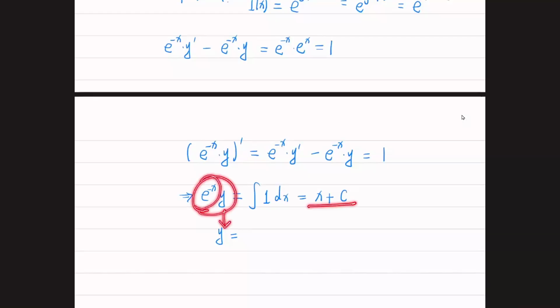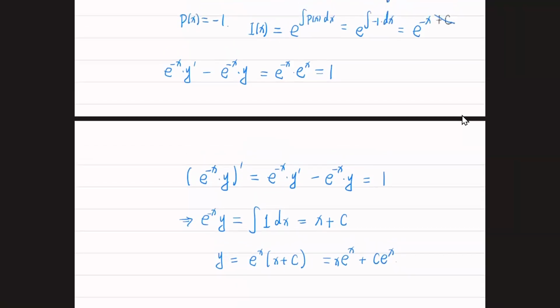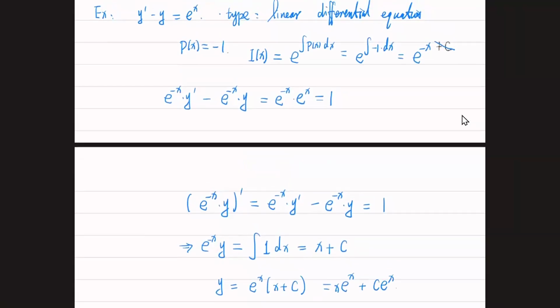We divide both sides by e to the negative x, which is the same as multiplying by e to the x. So this is the solution of the differential equation.